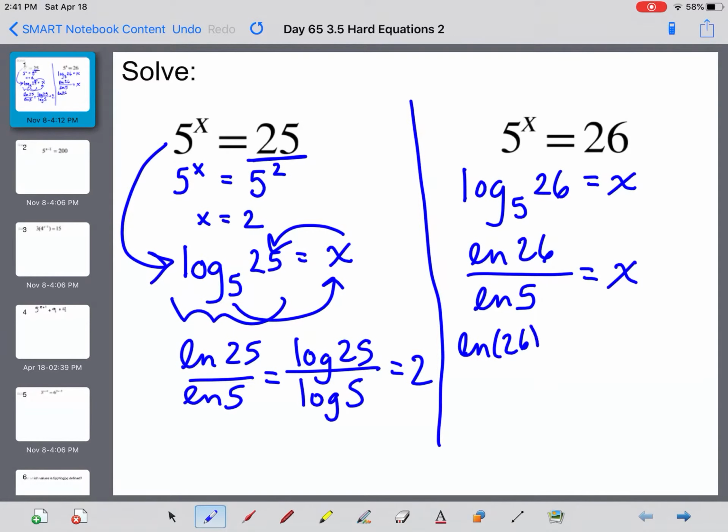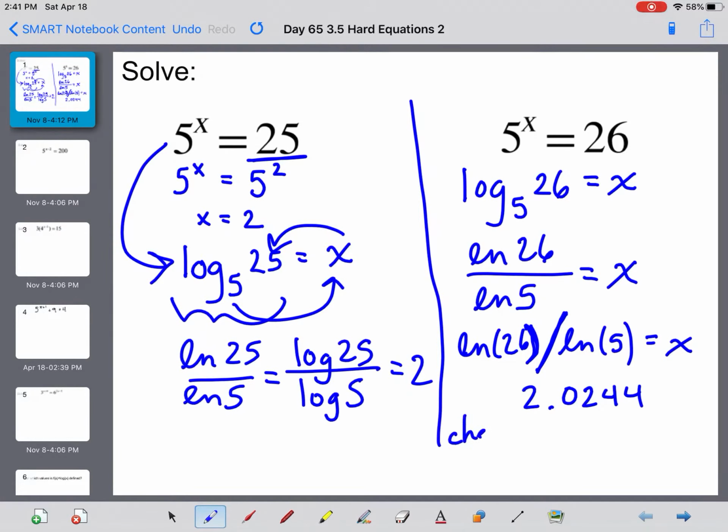I'm not able to show you my calculator screen while I'm typing on the iPad here, but I do want you to try typing this in with me just to make sure your keystrokes are correct. So you want to do natural log, or again log, of 26, and make sure you close that parenthesis, and then you hit your division sign and then natural log of 5. You should get, like we thought, to about 4 decimal places, just slightly over 2.